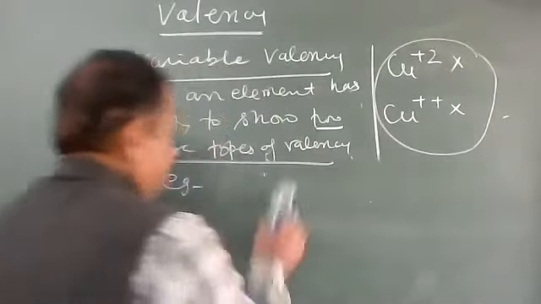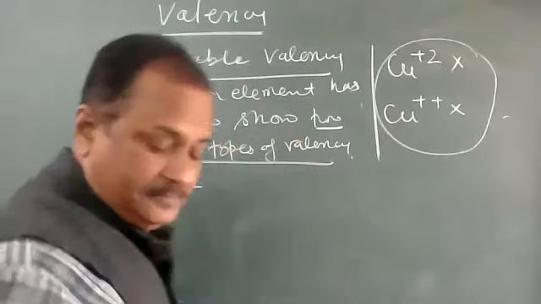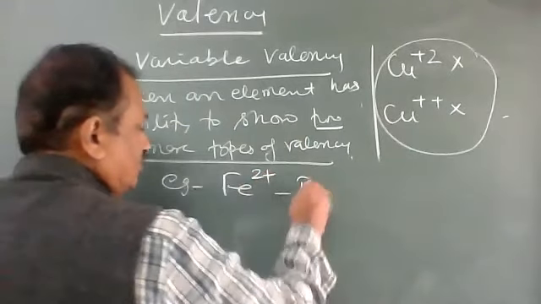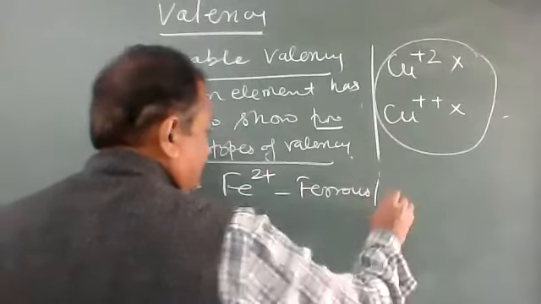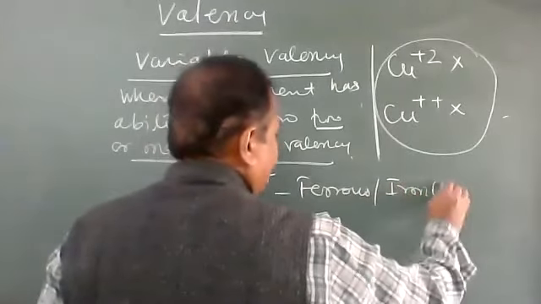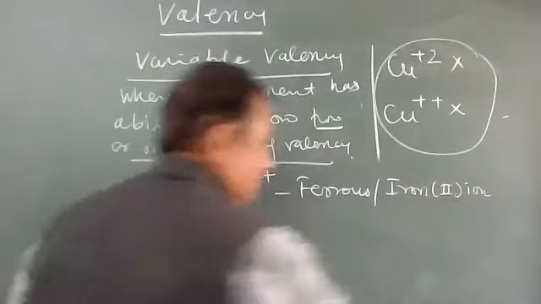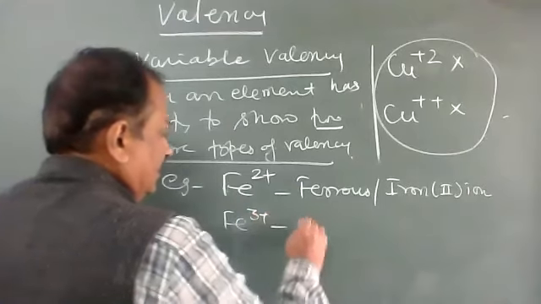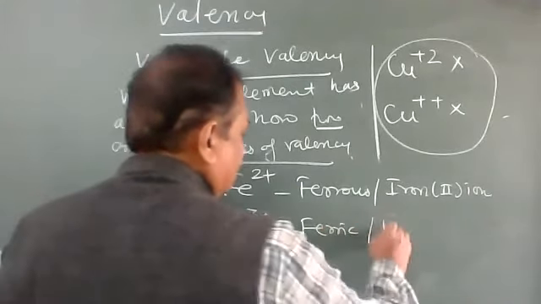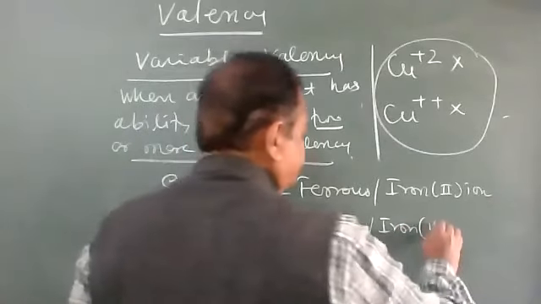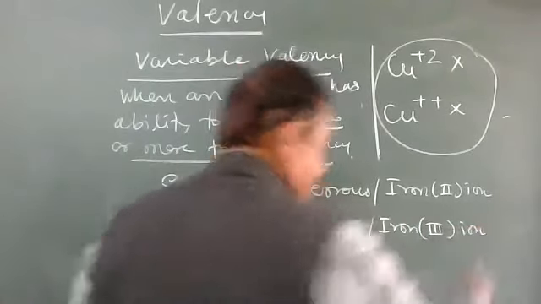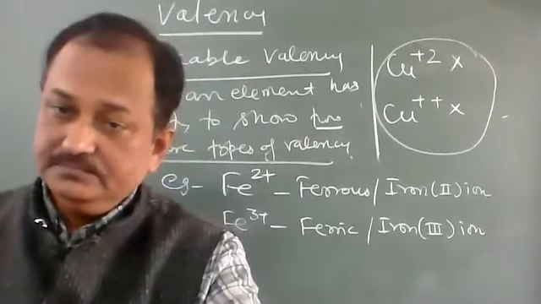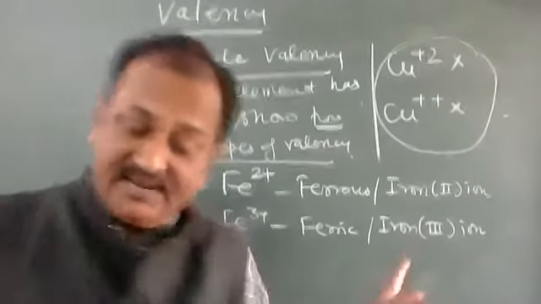Similarly, there is one more example. Fe 2 plus is called ferrous, or iron second ion. Then Fe 3 plus is called ferric, or iron third ion. So this is ferrous and ferric.